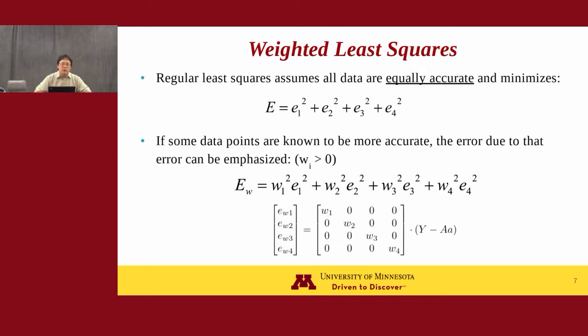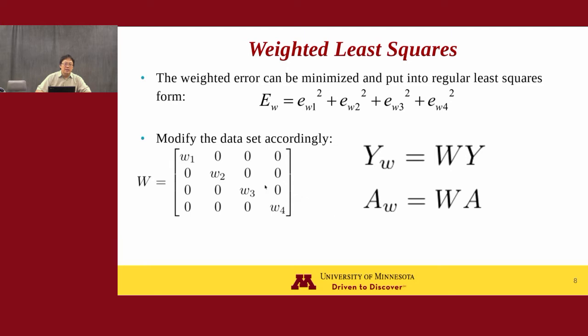Previously, we have assumed that all the data points are similarly reliable. But in some cases, some data points are more reliable than others. In this case, we can weight the errors. For the data points that are more reliable, we add more weight, and for the data points that are less reliable, we put less weight. To do so, we formulate a weighting matrix with a diagonal consisting of the weights for the individual data points.